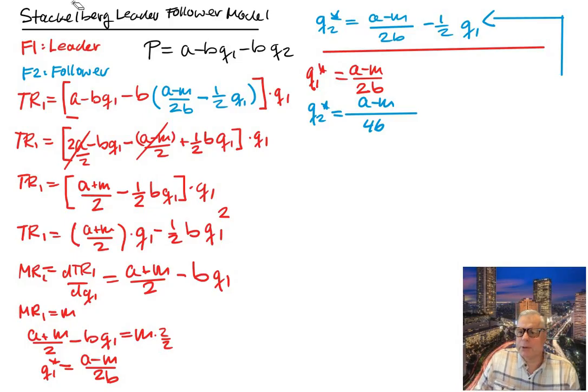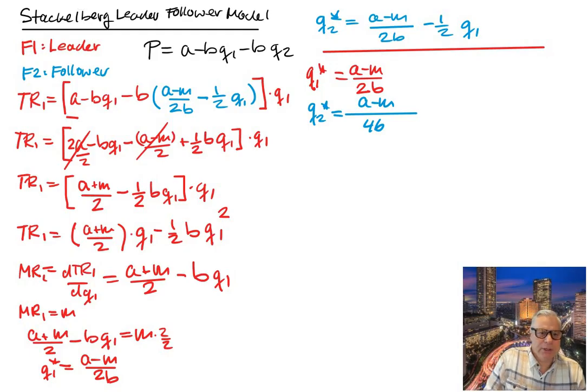And we don't need this one anymore. Okay, so now we have to recall, this is what we get in the Stackelberg leader. What were the optimum quantities in the Cournot duopoly? Let's just recall again.